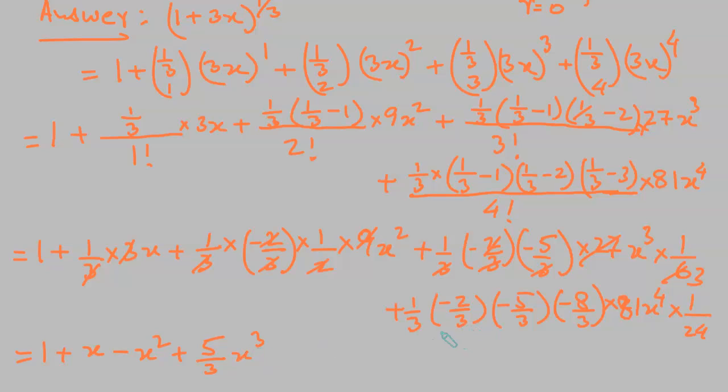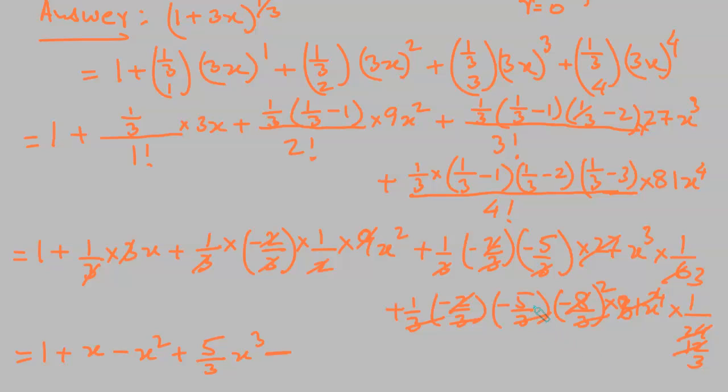And then these 4 and this one cancel, and minus times minus is plus times minus, so it will be a negative term. 12, and I can cancel this as well. 4 times 2 and 4 times 3.